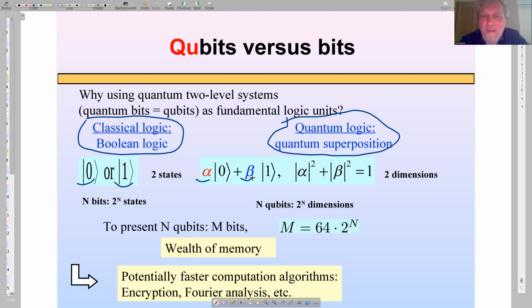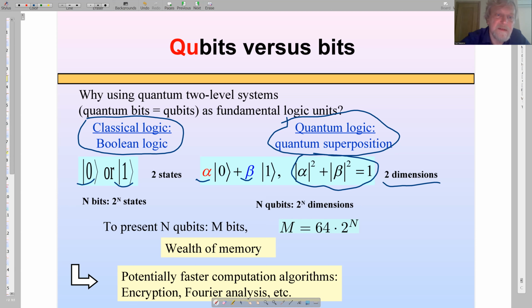Normalization imposes this condition on the qubits. Wave function has to be normalized. Also, the total phase of the wave function usually doesn't matter. That leaves us with two dimensions.